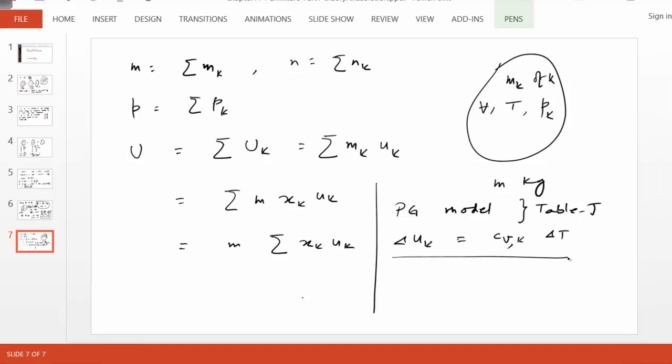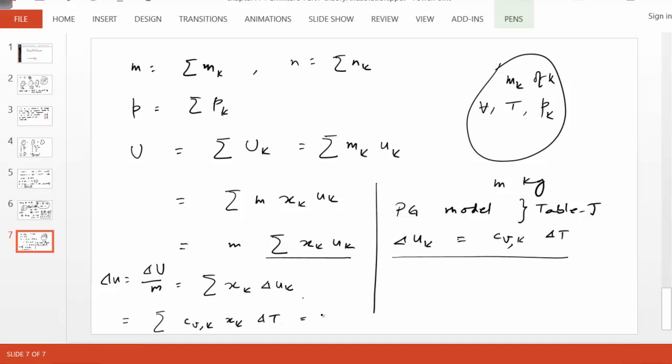So therefore, for a mixture, what happens? For a mixture, delta u will be delta capital U over m, which is delta of these quantities, which is the summation of delta uk, which becomes the summation of, if we substitute delta uk from here, Cvk xk times delta T. And delta T is the same for each component, so we can write that as delta T times the summation of xk times Cvk.